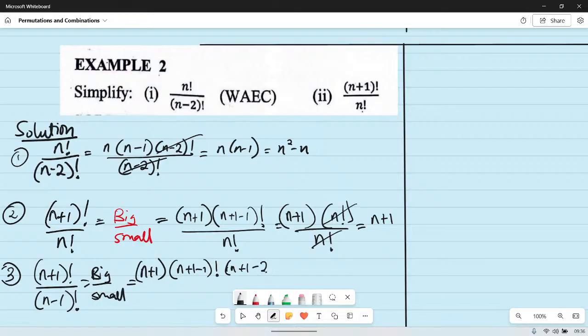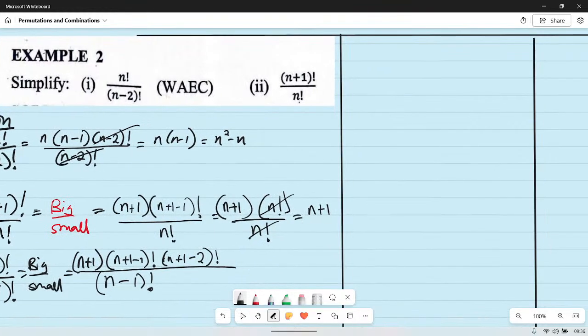Very good. Minus 2. We need to bring the factorial. Okay. What will cancel what? So you have to simplify.